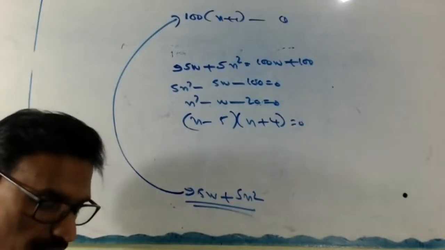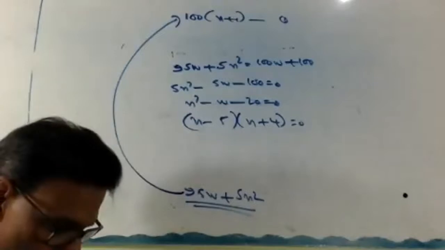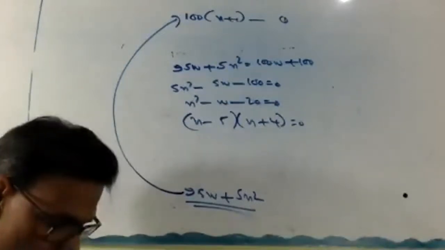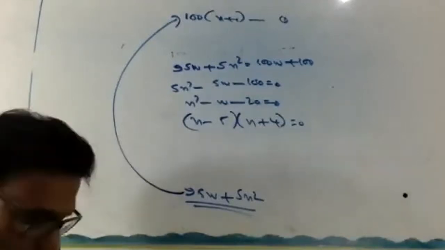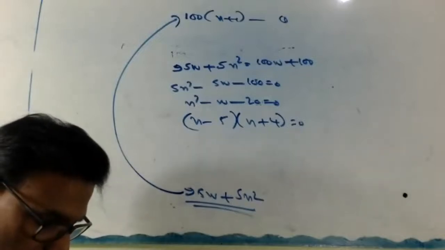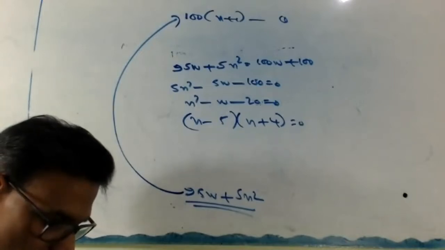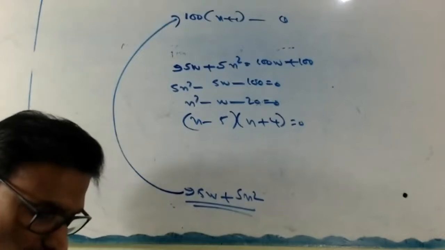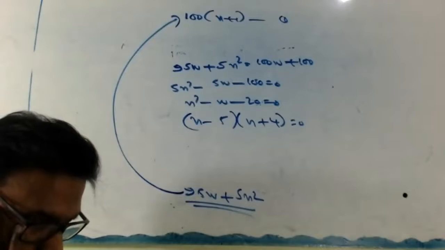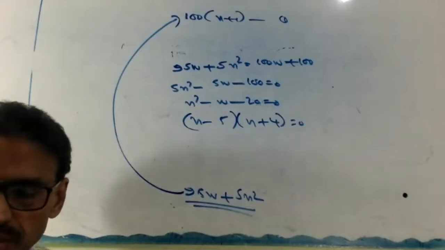Okay, try fast. After 12 months, how much she saved? 6720.